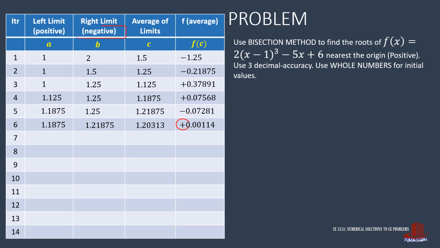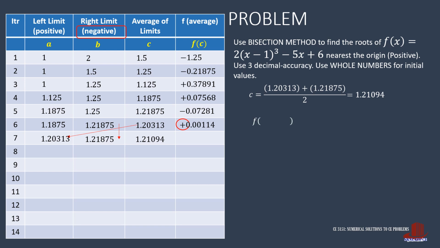The seventh iteration will have a replaced by c because the current f of c is positive. B stays the same at 1.21875. Again, take the average of these two, that is 1.21094, and plug it into the function, making it twice of 1.21094 minus 1 cubed minus 5 of 1.21094 plus 6.